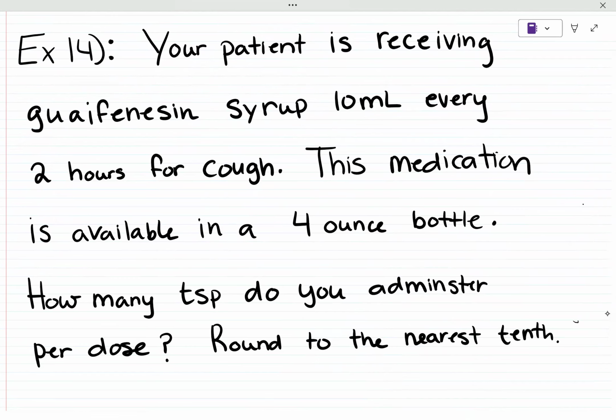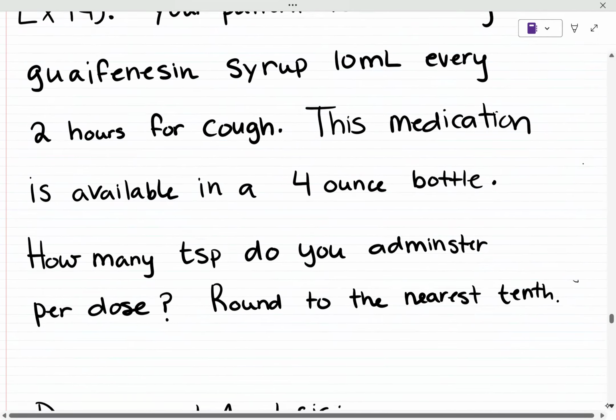Okay, 14 says your patient is receiving a syrup of 10 milliliters every 2 hours. This medication is available in a 4 ounce bottle. How many teaspoons do you administer per dose, rounded to the nearest tenth? So our final answer has to be in teaspoons. Let's start with dimensional analysis.